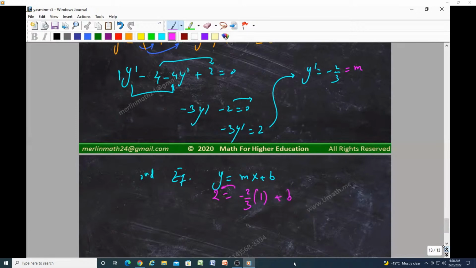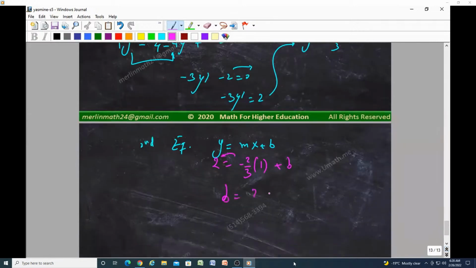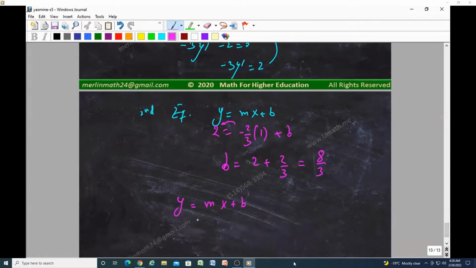You kick this, use a calculator. So b is 8/3. Do you agree? Okay, that's it. So the equation should be in y and x. So you replace m, and the b is 8/3. I am done.